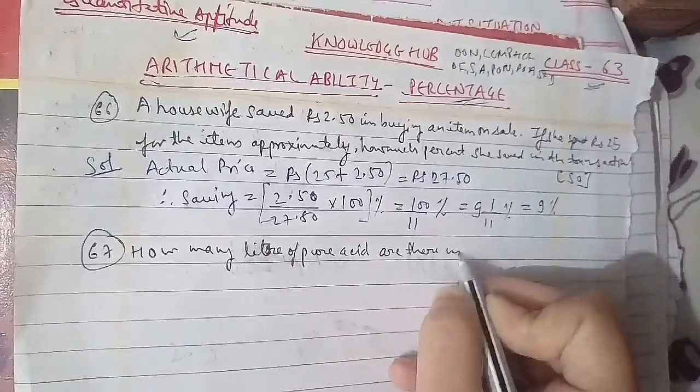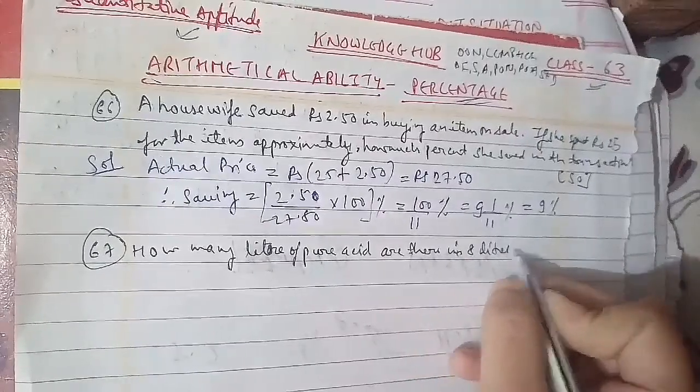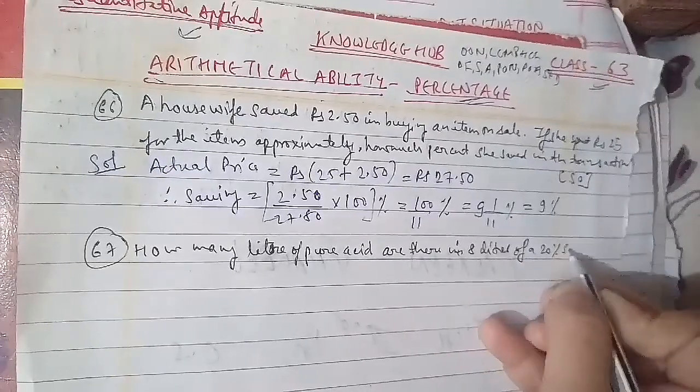The options are 1.4, 1.5, 1.6 and 2.4. For the same, we'll find out the solution.